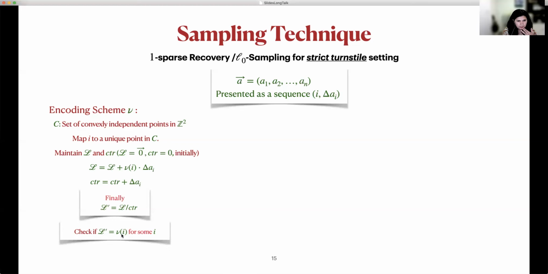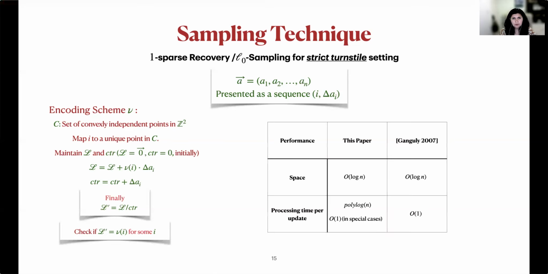That means there is only one coordinate in our final value of L prime, and we return I as the coordinate which we have extracted, and the value of AI is CTR.